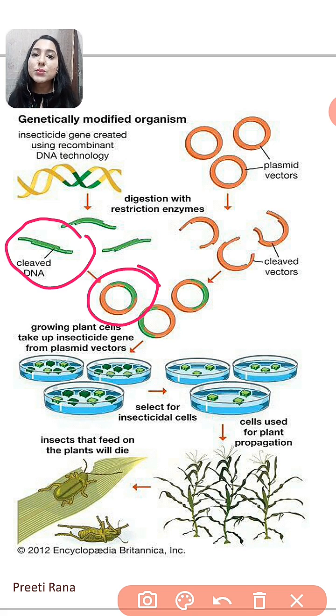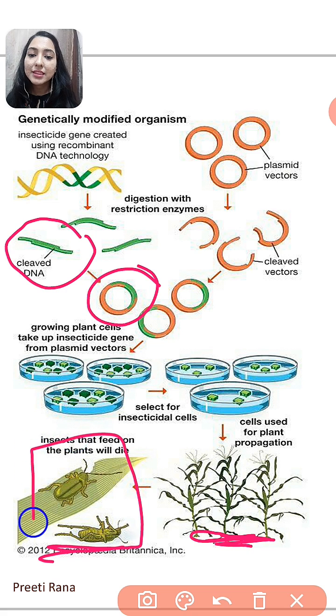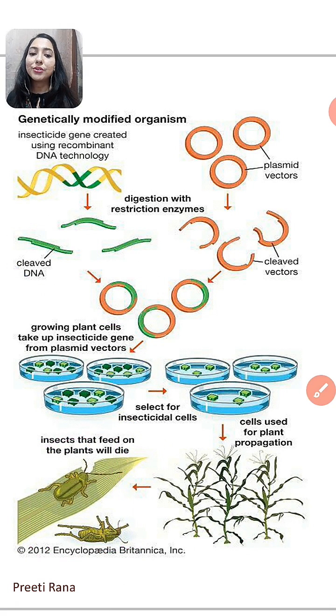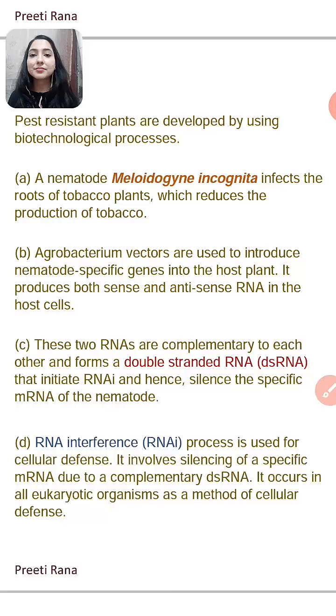The plant cells which have taken up the insecticidal genes will be separated, and those plant cells containing the insecticidal genes will be propagated further to form the pest-resistant crop. And this here shows the insect that has died off due to the toxin.